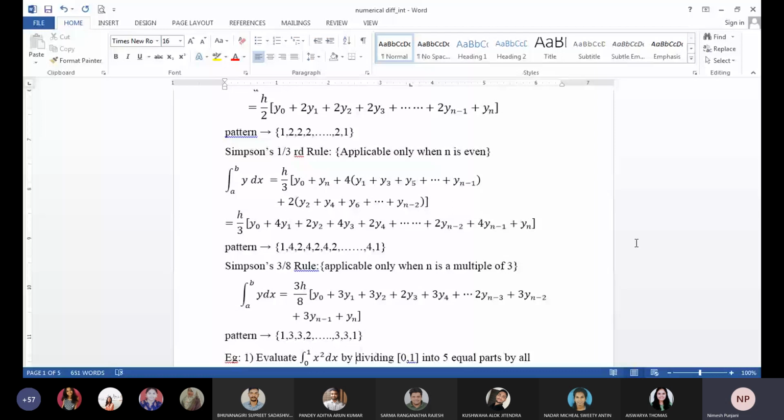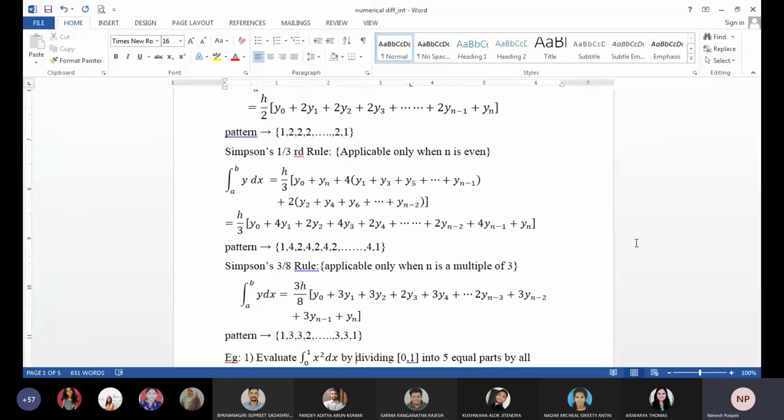It is 3h by 8 times y0 plus 3 times y1 plus 3 times y2 plus 2 times y3 plus 3y4, 3y5, 2y6. The sequence continues and the last terms would be 3yn minus 1 plus yn.